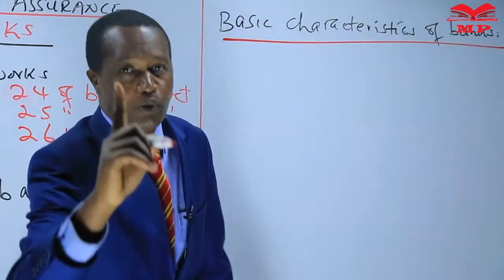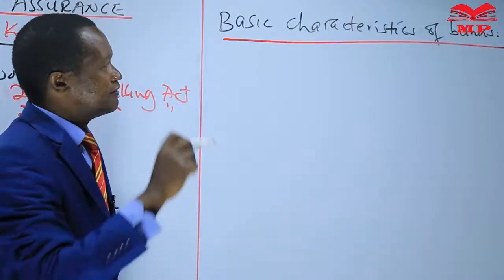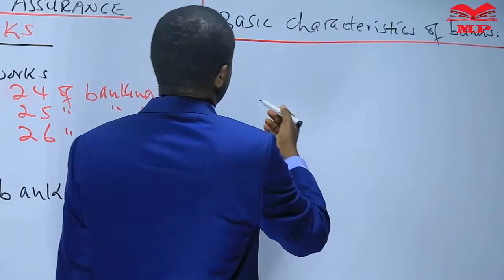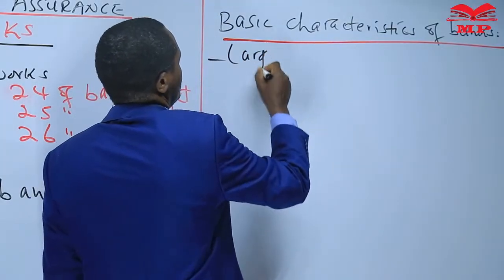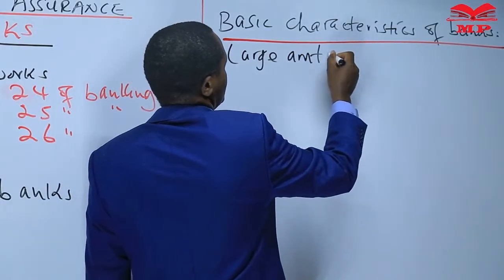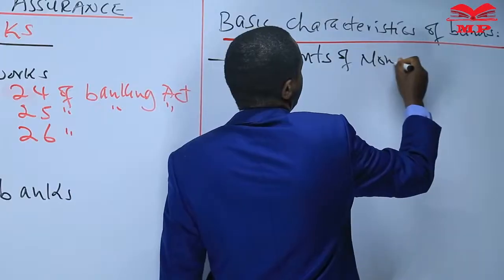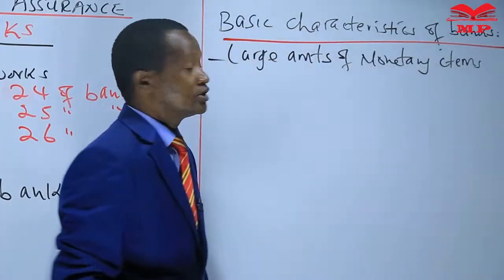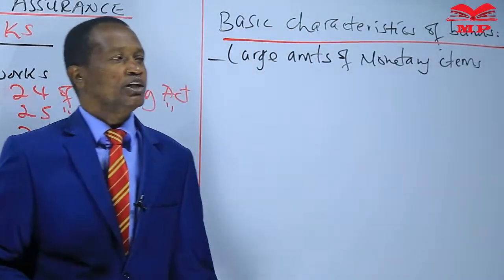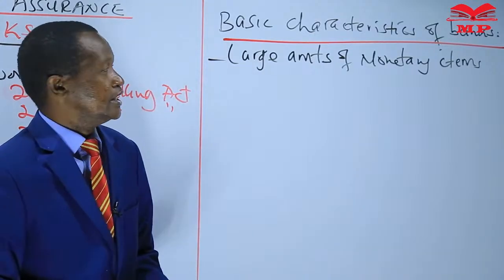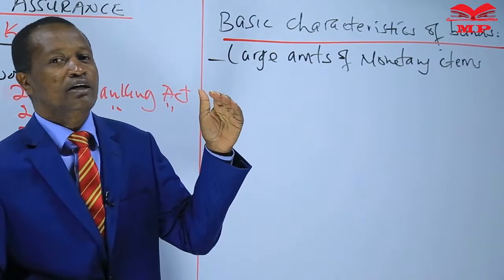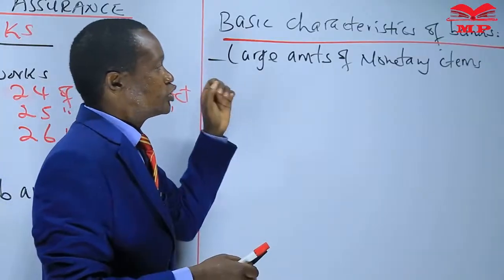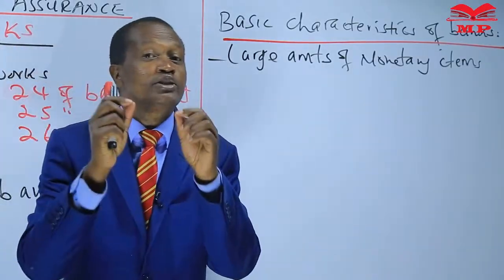Number one is that banks have custody of large amounts of monetary items, including cash and negotiable instruments, whose physical security has to be safeguarded during transfer and while being stored.